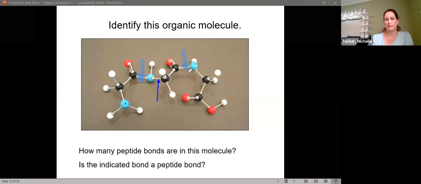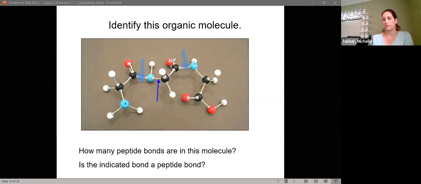Okay, so two peptide bonds, always between carbon and nitrogen, but that carbon has to be activated. It's the same one that belonged to the carboxyl group.